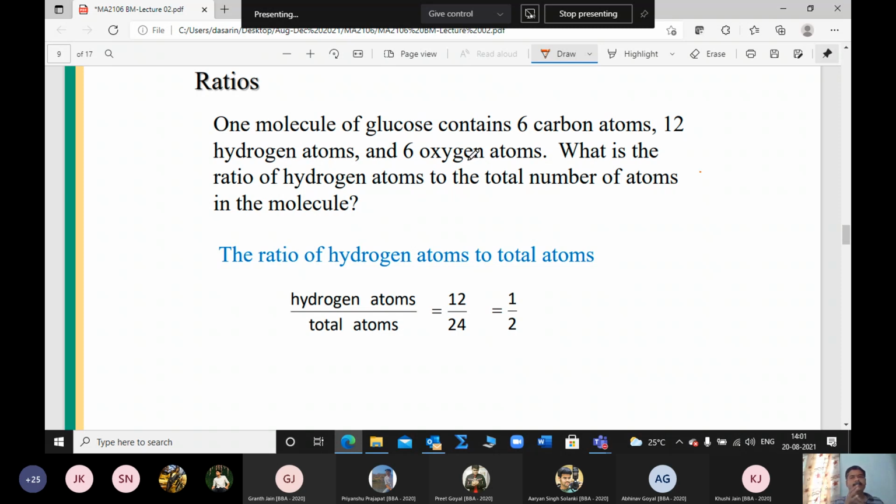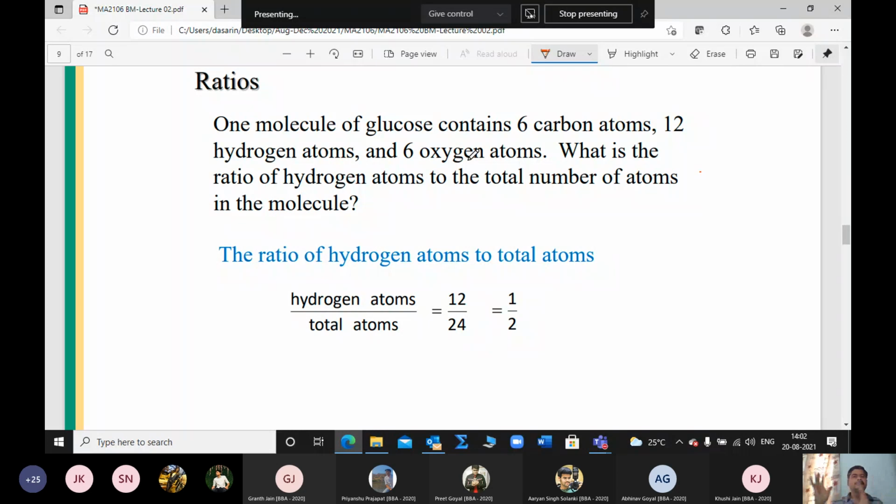Just now we have seen there are 24 atoms irrespective of the carbon, hydrogen and oxygen. Out of which I wanted to calculate only the ratio of hydrogen atoms to the total number of atoms. How many hydrogen atoms were there in that molecule? 12. So 12 hydrogen atoms.